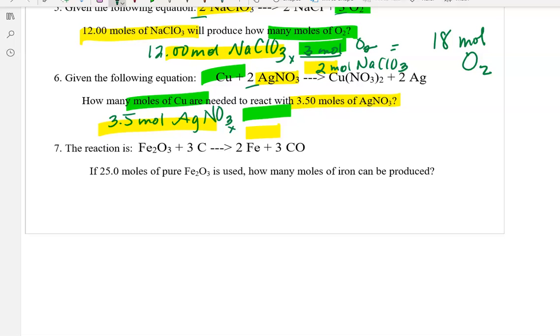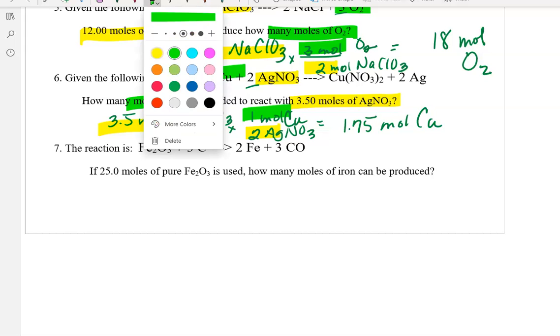The ratio of silver nitrate to copper, we have 2 silver nitrate that will react with 1 mole of copper. And that gives us 1.75 moles of copper once that reaction is done.